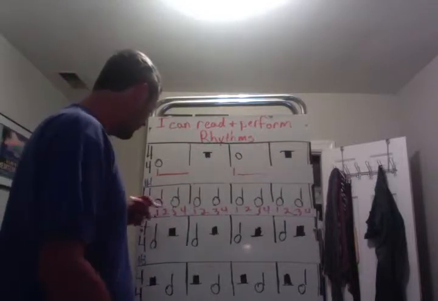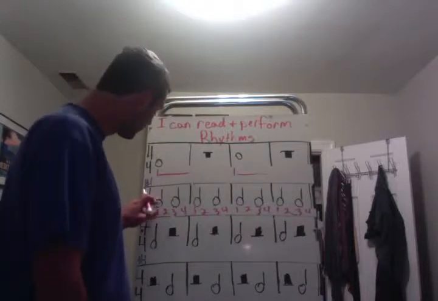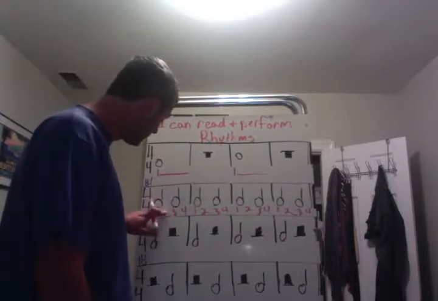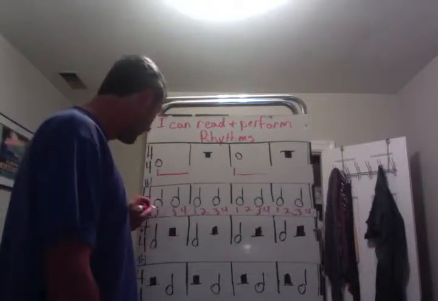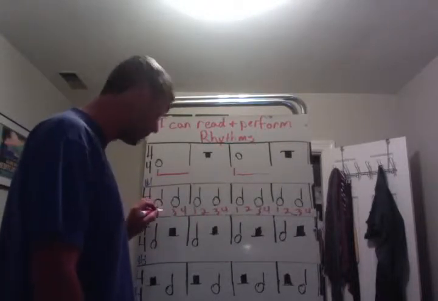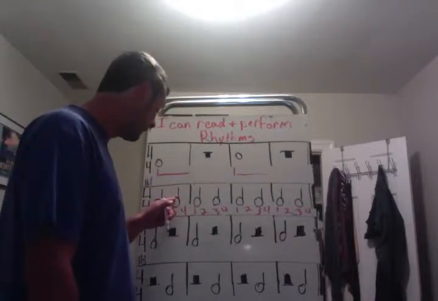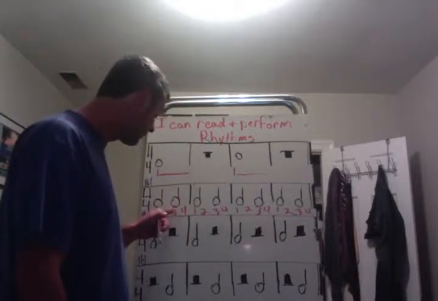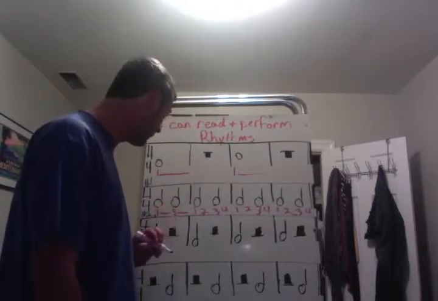Now, to visually see how we're going to count it, we're going to look at when it starts. It starts on beat 1. We're going to erase this 2 right here, but it's still there. And since the half note lasts 2 beats, we're going to hold this sound out to the end of beat 2. Now, this sound starts on beat 3, and it takes it all the way to the end of beat 4.